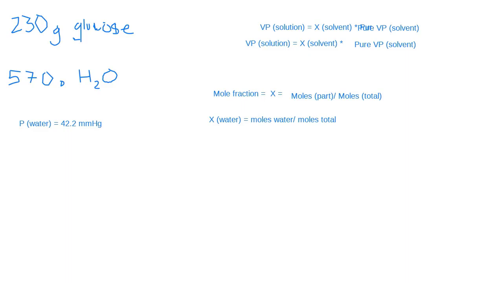So 570 divided by 18 gives 31.7, we want to keep three significant figures. Moles of H2O, moles of water, 31.7.